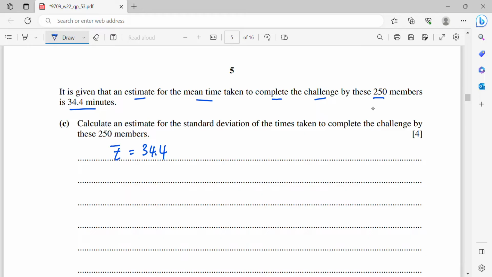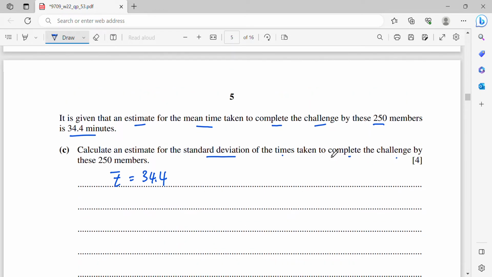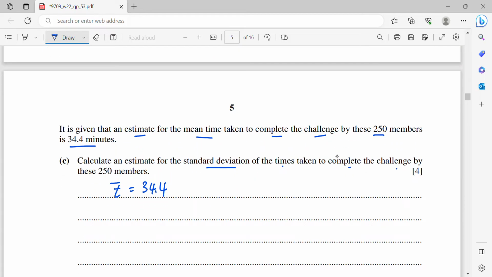Now calculate an estimate for the standard deviation for the times taken to complete the challenge by all these members. Our formula for the standard deviation is the square root of summation fx squared over summation f, minus the mean squared.